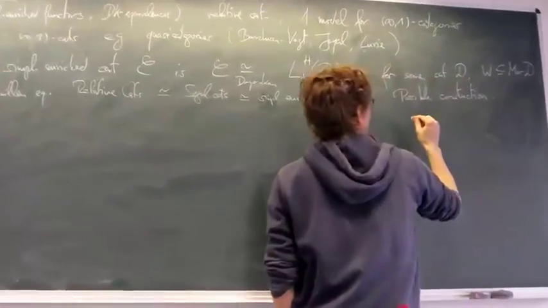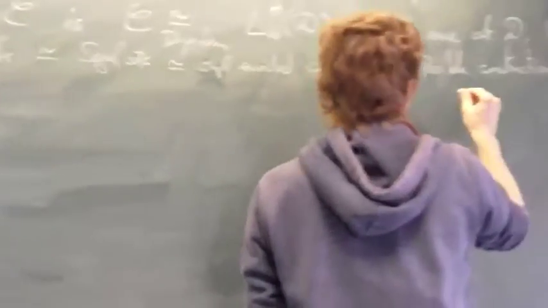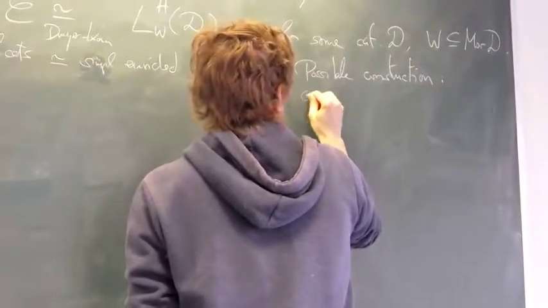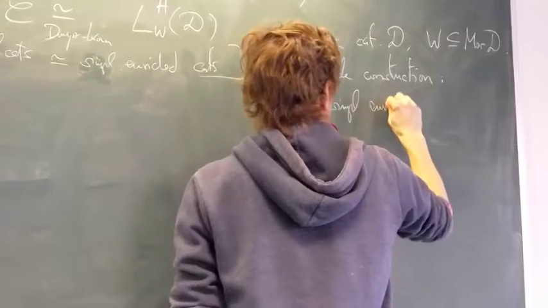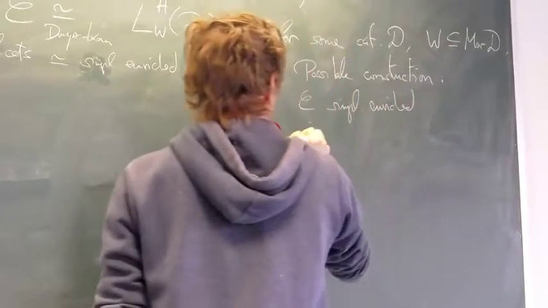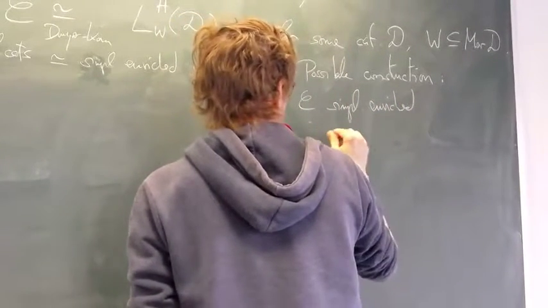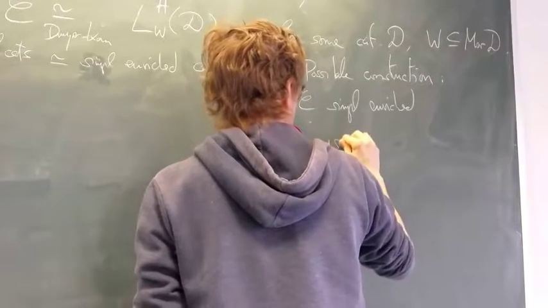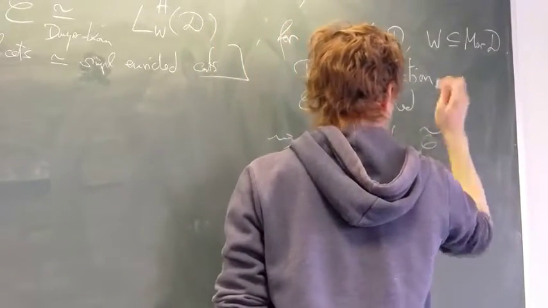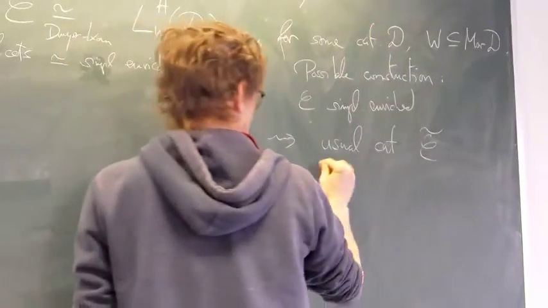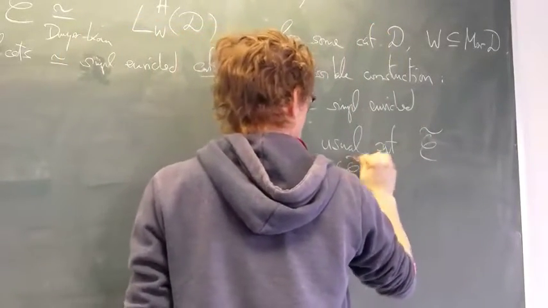Category construction. So, given a simplicially enriched category C, then get a usual category, call it C tilde, and objects are the same.